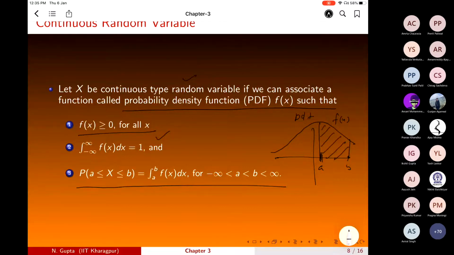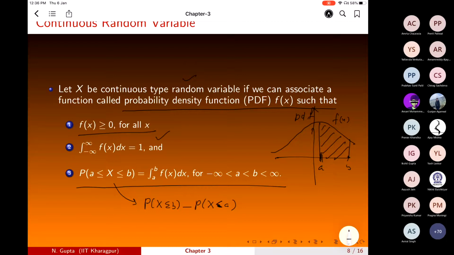So that is basically the integration from a to b of f(x) dx, where small f is the probability density function. Okay. And if you want to write this in terms of CDF, this will be probability X is less than or equal to b minus probability X is less than or equal to a. Okay, basically less than a.